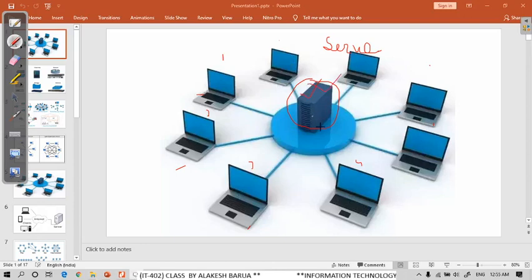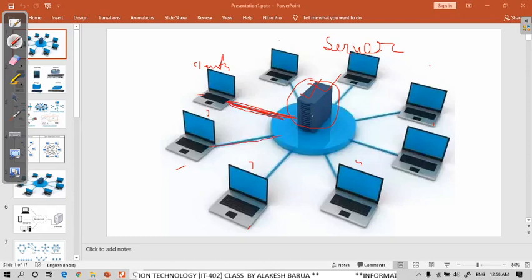Then that computer which serves files, folders, applications, or computational resources to all the computers that are connected in a network is known as a server. And the other computers that are connected in the network are known as clients. Clients access the servers to get data, instructions, and other things.